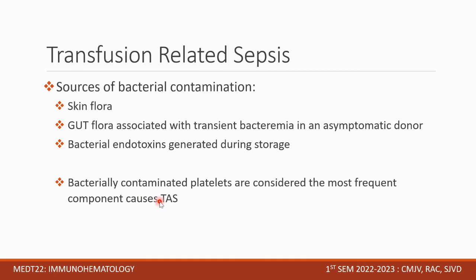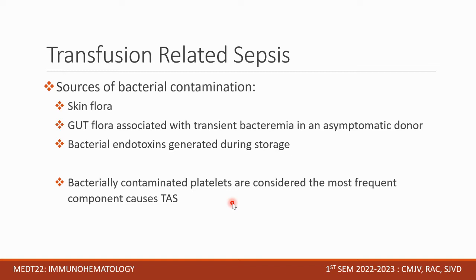So, bacterially contaminated platelets are considered the most frequent component causing transfusion-associated sepsis. Okay? So, as you remember, si platelet is room temperature lang natin siya ini-store. So, room temperature, kaya if ever there is bacteria present in them, so hindi siya na-fight off ng temperature.